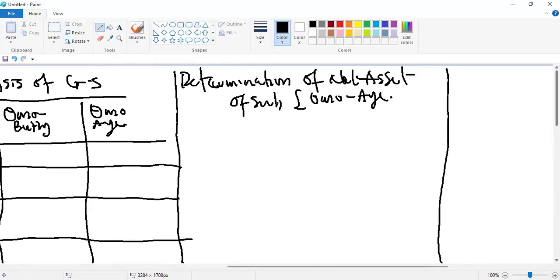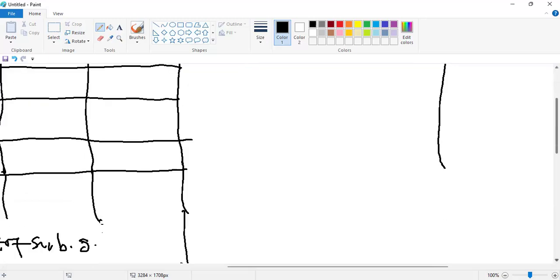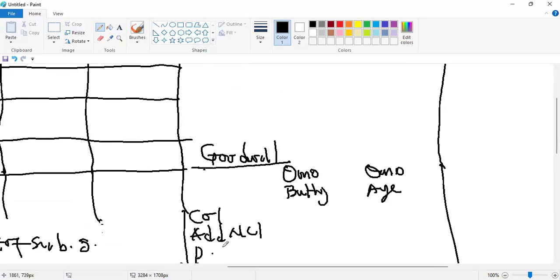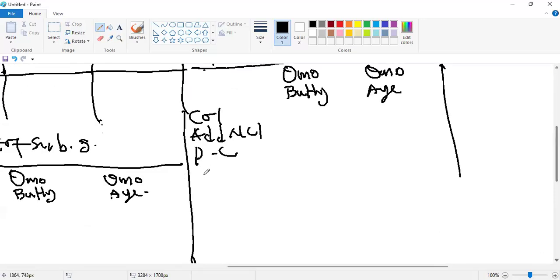Yeah, I need to calculate goodwill. Goodwill calculation in Omoboti and in Omaye. I'll say cost of investment, add NCI, purchase consideration. I will less the net assets at DOE, then the goodwill.